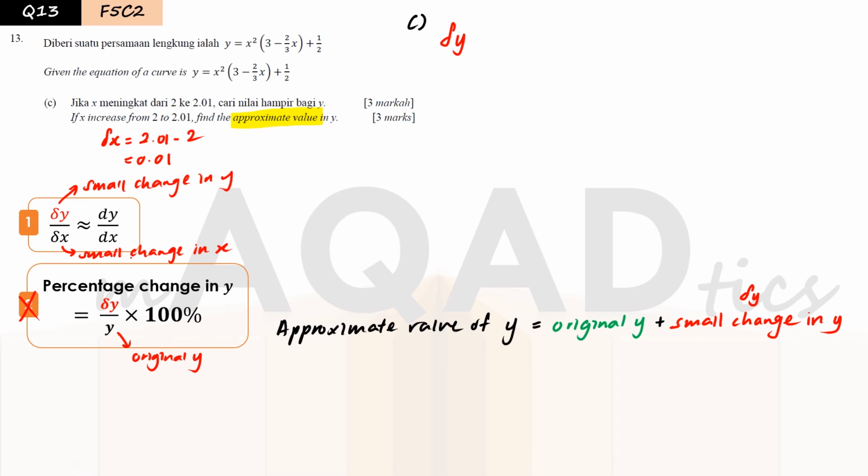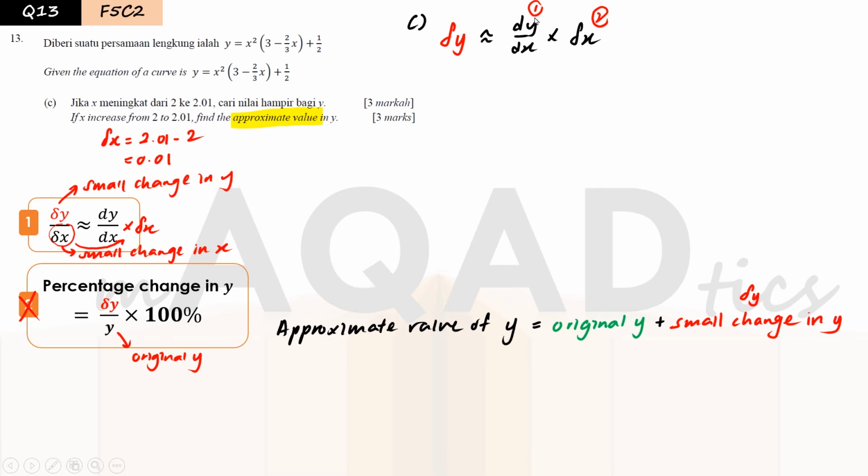Let me move this delta x to the other side, because we are finding delta y. So delta x becomes multiplied. If you want to find delta y, it will be approximately equal to dy over dx times delta x. To find delta y, we need these two things, dy over dx and delta x.